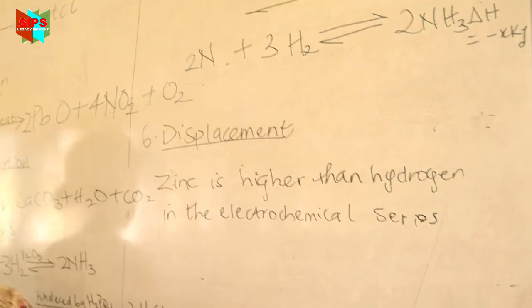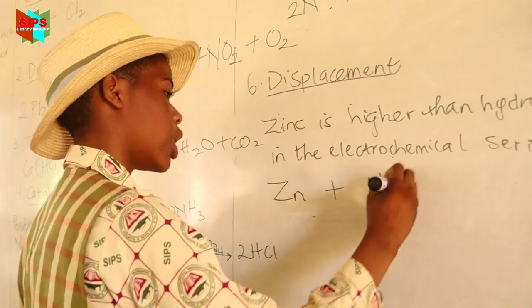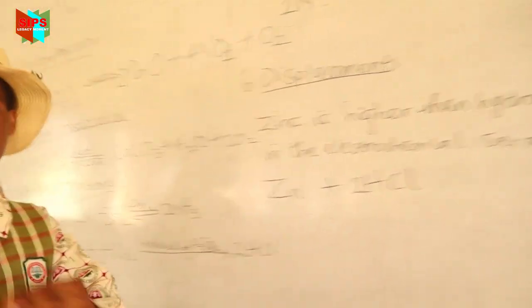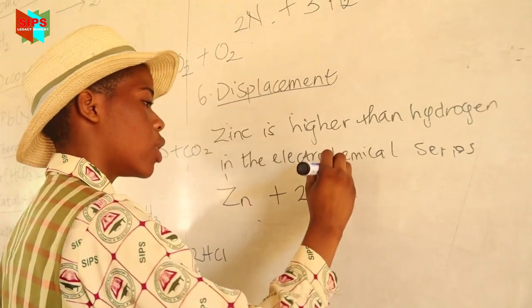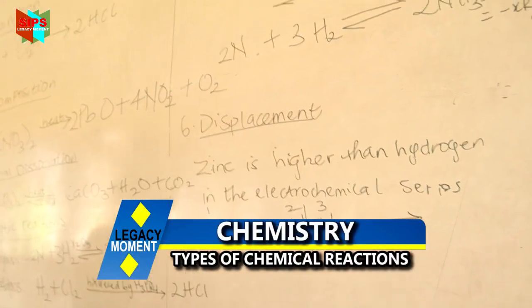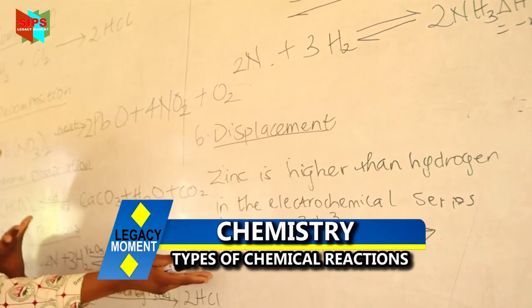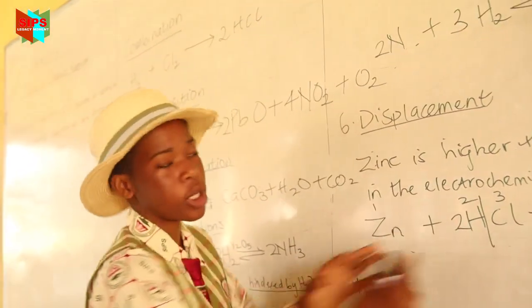Now let's be given a reaction like this: zinc plus hydrogen chloride gas. Now let's see in numbers here. Anytime we are doing reactions, this is number 1, number 2, and number 3. Now let's react it. Since this is a displacement reaction, zinc will not go to hydrogen. Hydrogen is lower than zinc in the electrochemical series, and so zinc will take the chlorine from it and leave hydrogen alone.